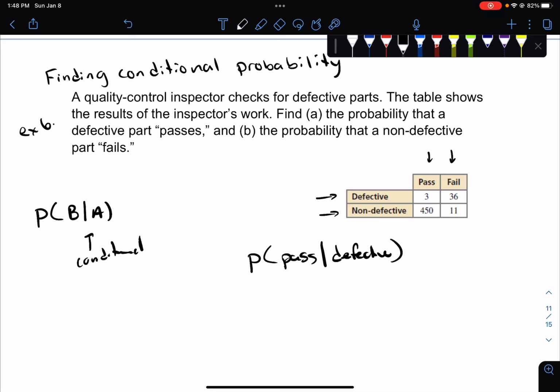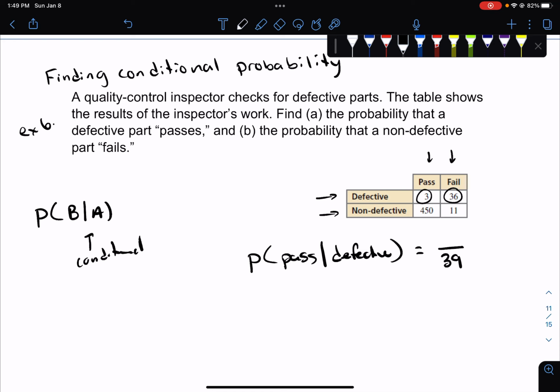If I look at this list, the total number of defective is what goes on the bottom. Out of all of the defectives, there's 3 that pass, 36 that fail. So that means there's 39 defective parts.